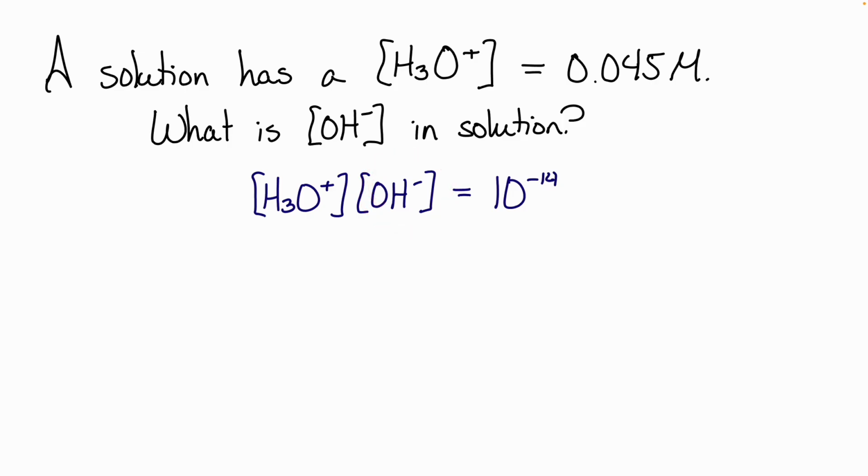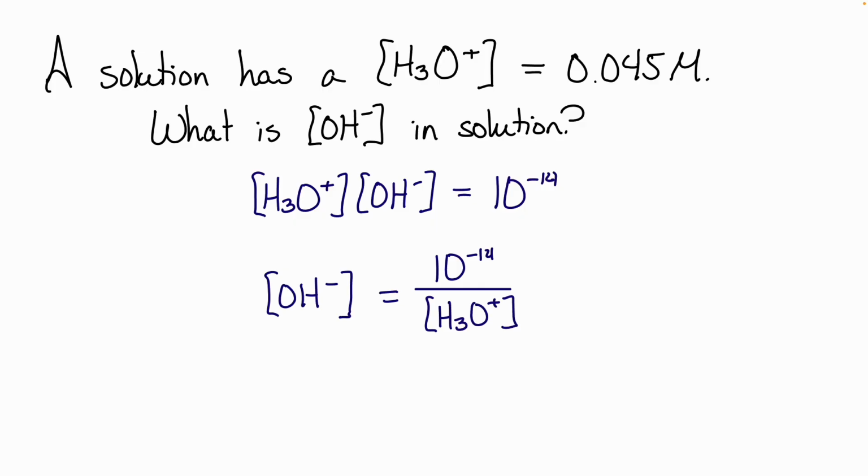So I need to move the other thing to the other side. How am I going to move this concentration of hydronium over to the right-hand side of my equation? I'm going to divide both sides by that concentration of hydronium. Remember, we can do anything we want as long as we do it to both sides. So this concentration of hydroxide is 10 to the negative 14 divided by that hydronium concentration.